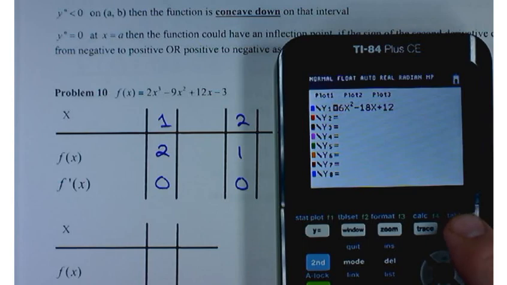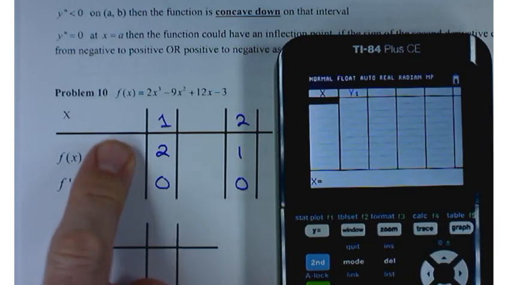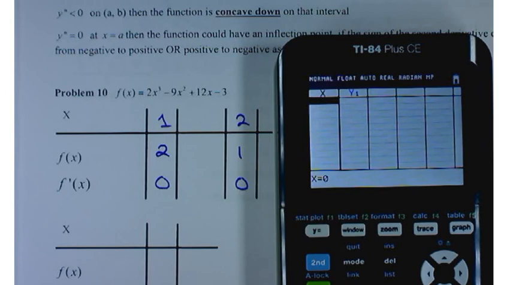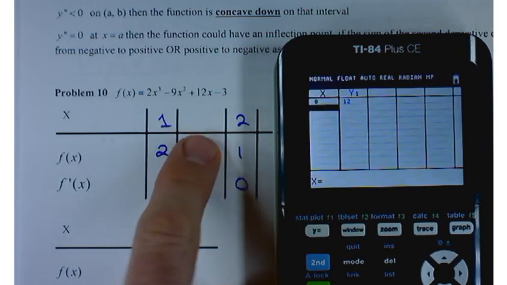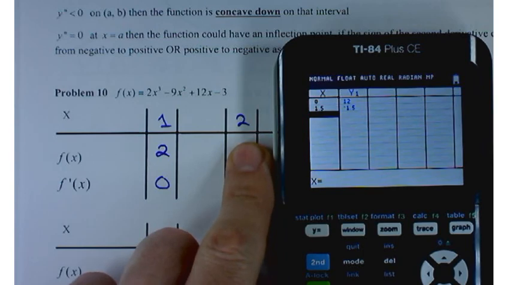Second, and then the graph key takes us to our table. Let's delete these. What would be a point somewhat to the left of 1? 0? Sure. Let's do 0. How about between 1 and 2? 1.5. Cool. And something to the right of 2.